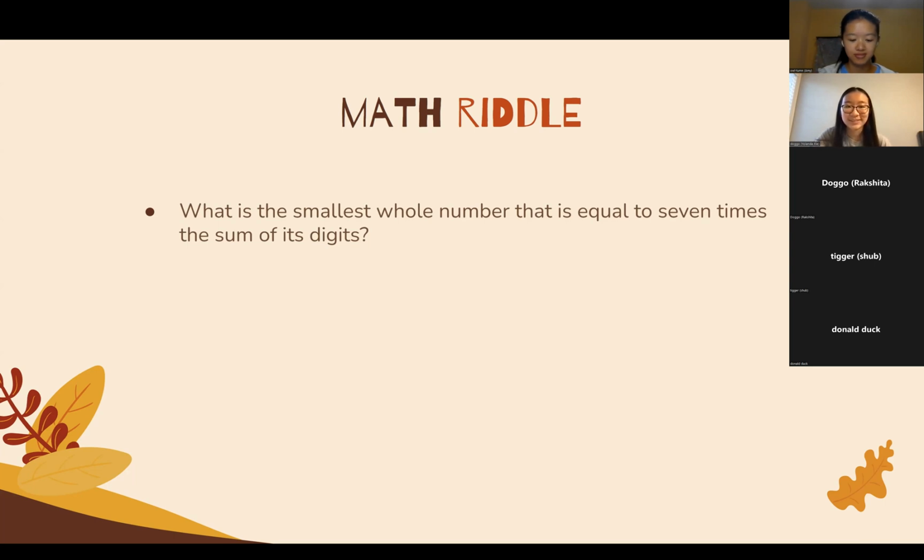For the sake of this riddle, 0 does not count. The corn doesn't know what 0 is.